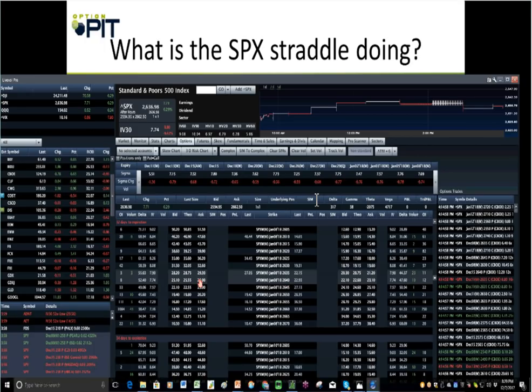So if I ask you the question, this straddle right now is $50. If every day that goes by the straddle declines because of decay, does that necessarily mean VIX is going to go down? Yes or no? You got a 50-50 shot.